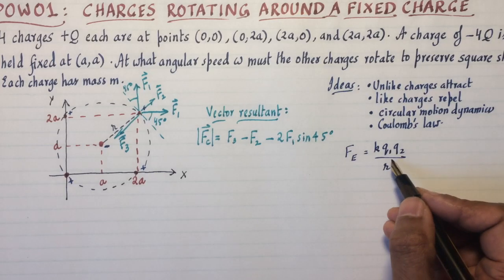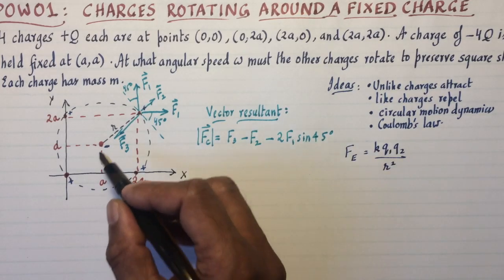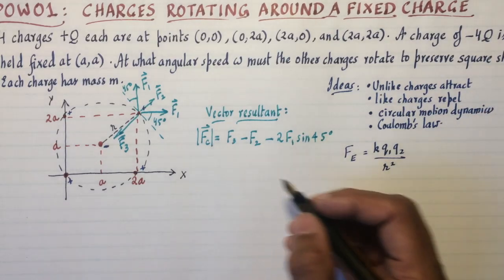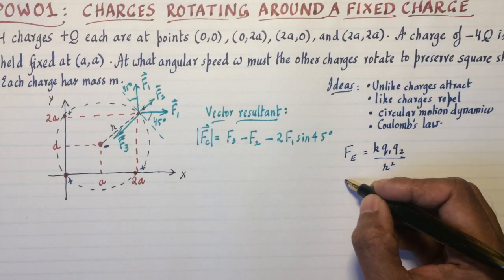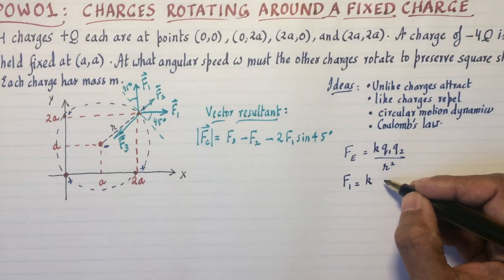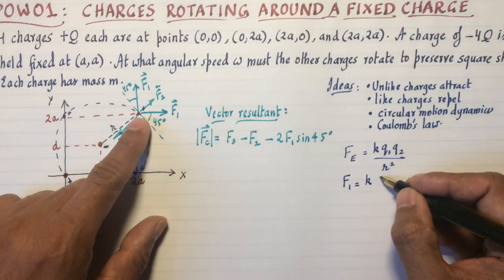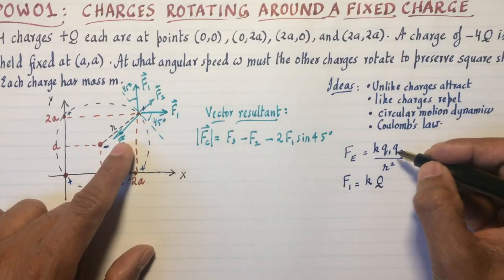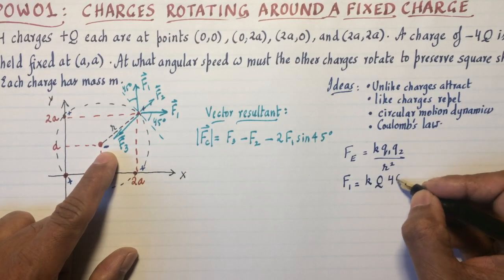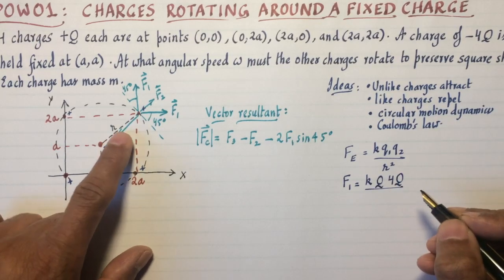So using that principle, and I'm not interested in the signs, I'll just use the magnitudes. I can write down what all these forces are. F1 would be the Coulomb constant K times this charge, which is Q, times the magnitude of Q2, which is 4Q, divided by this distance.